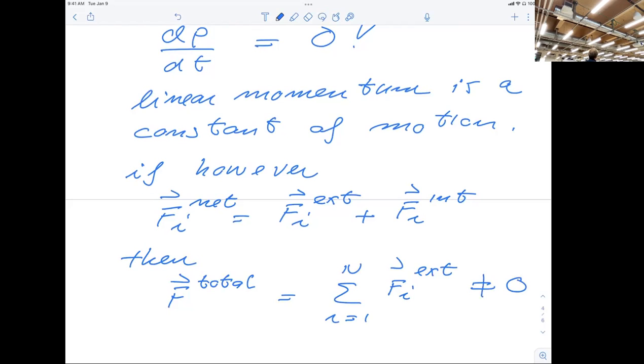So if you're placing an object in some kind of potential, and these objects interact, suppose you have an electron which moves in a harmonic oscillator, and it sees another electron, and they interact via the electrostatic forces. There will be forces between the electrons, which in sum will cancel each other, but there will be a potential which keeps the electrons moving inside this potential, and this breaks the conservation. So in that specific case, the electrons will have a net force which is different from 0.